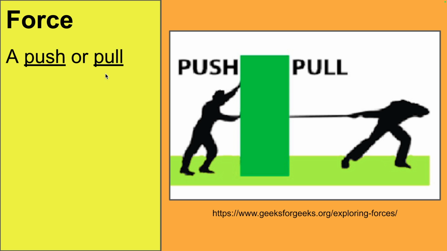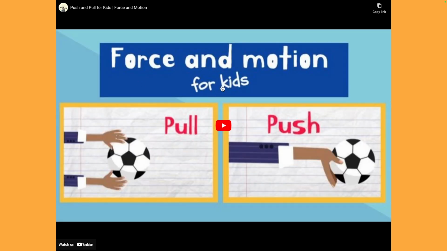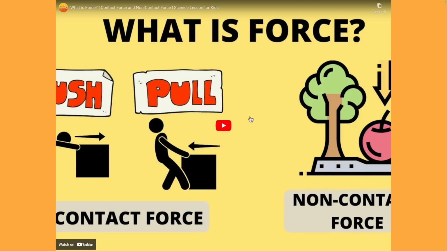So let's look at some examples. I encourage you to take a minute and watch 2 videos. This one here, watch that and look for examples and see if you can identify whether it's a push or pull with the video. And then watch this and notice the difference between contact and non-contact forces as well.